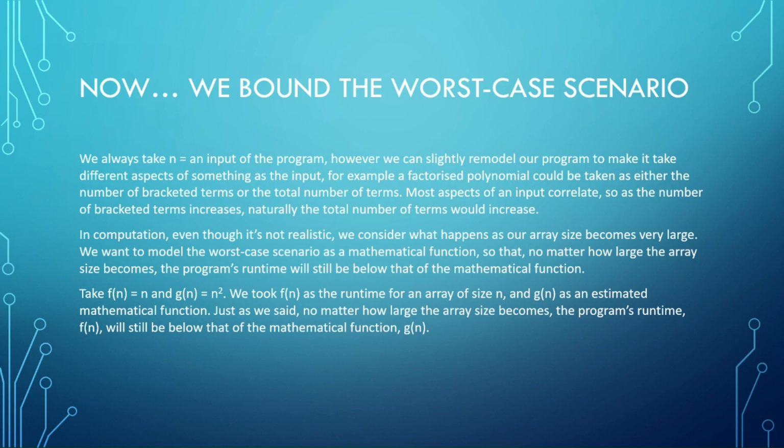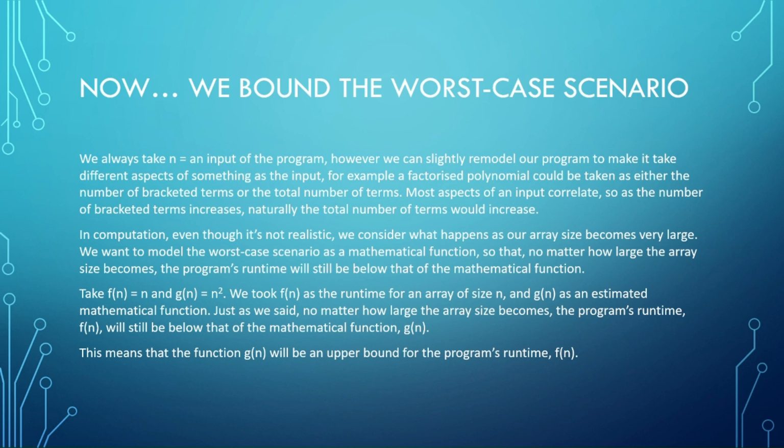So we're taking f of n as the runtime for an array of size n and g of n as the mathematical function we've estimated. Just as we said in the second paragraph, no matter how large the array size becomes, the program's runtime, f of n, should still be below that of the mathematical function, which we're calling g of n. So this means that the function g of n will be an upper bound for the program's runtime.